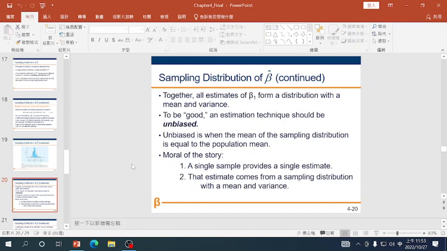Look at this one. To be good, an estimation technique should be unbiased. There are some terms you have to understand. This is called unbiased. What do we mean by unbiased?